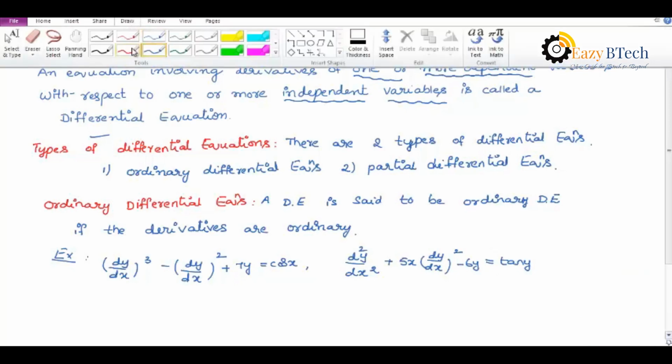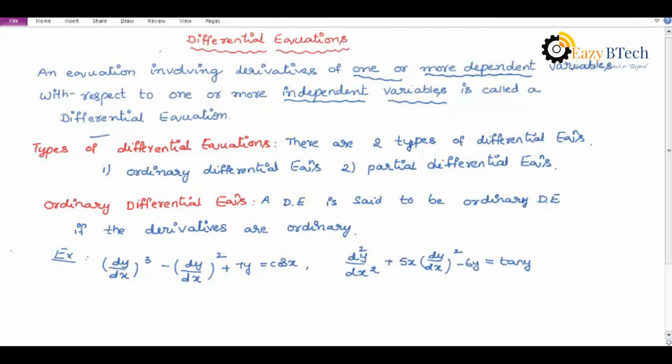The next one is partial differential equations.